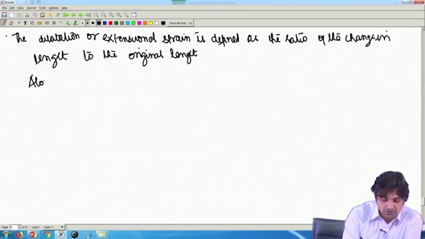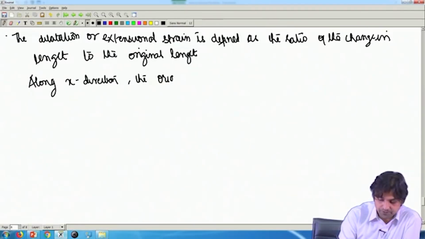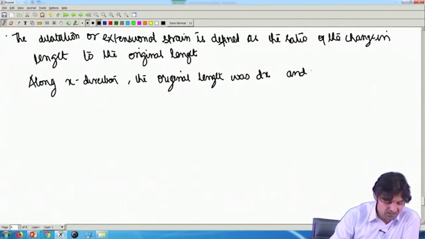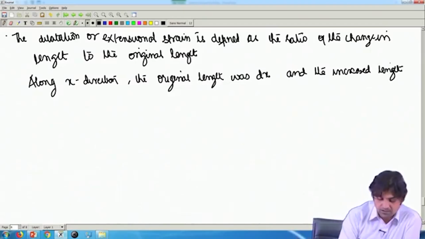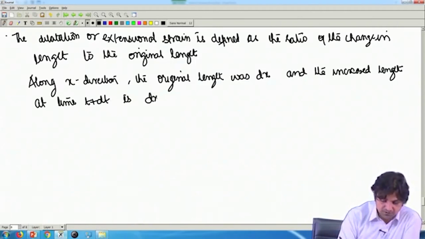So, along x direction the original length was dx and the increased length at time t plus dt, if you look at that diagram, you would see is del u del x into dx dt.